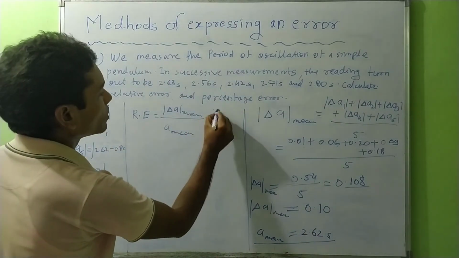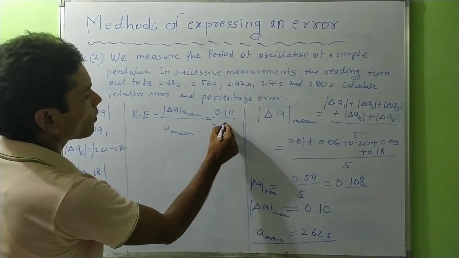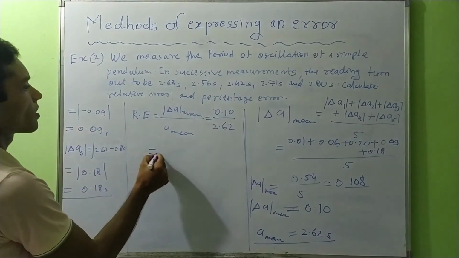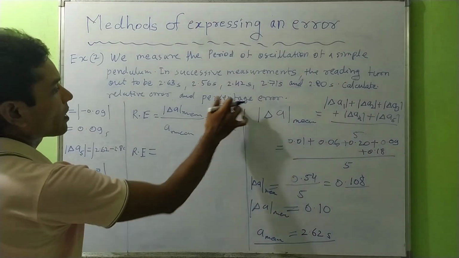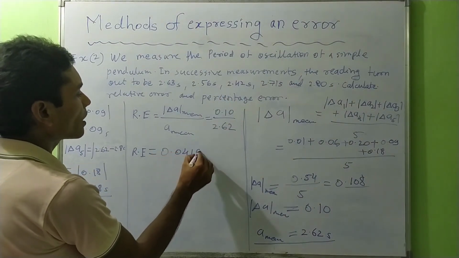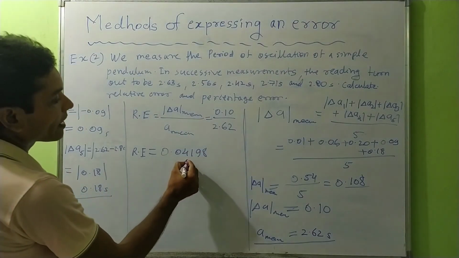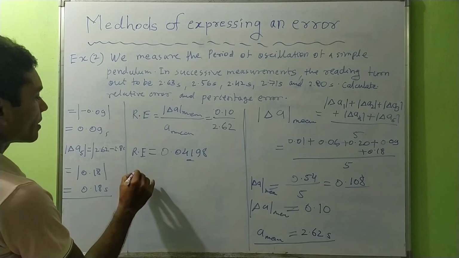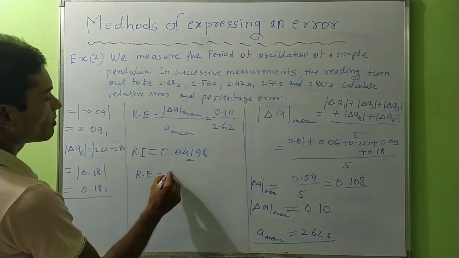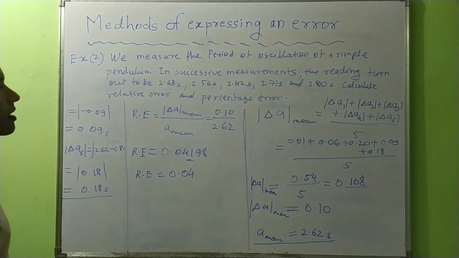So here 0.10 upon the value of A mean, 2.62. Okay, after solving this will be 0.04198. Rounding to the second place of the decimal, here relative error will be 0.04. This is the relative error.